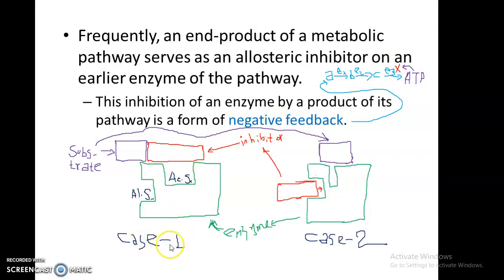In the previous cases, for case 1, here is the inhibitor. This red inhibitor is physically blocking the substrate. If the inhibitor comes before the substrate, it will take this position and physically block the substrate from coming to this active site. AC means active site. This one is the allosteric site. This is case 1.